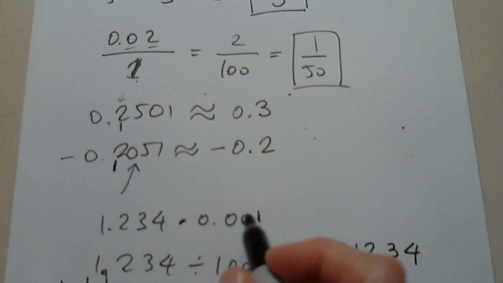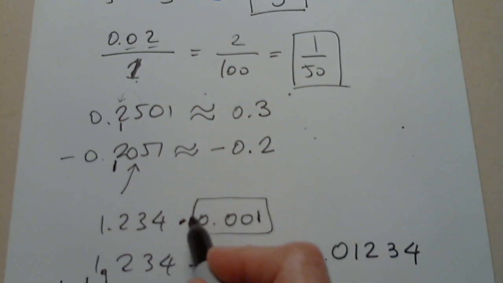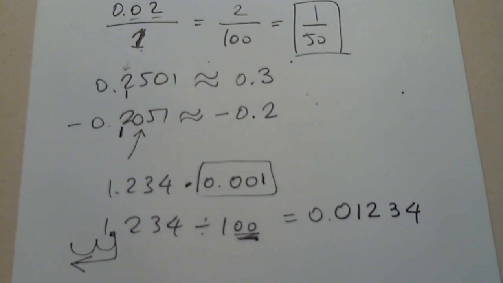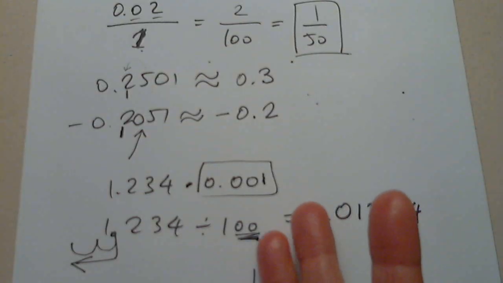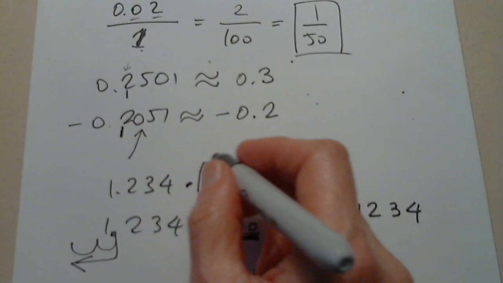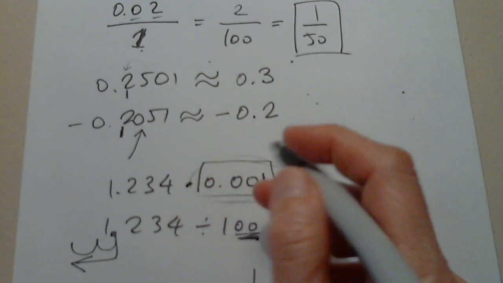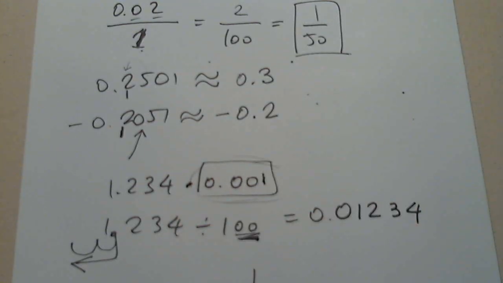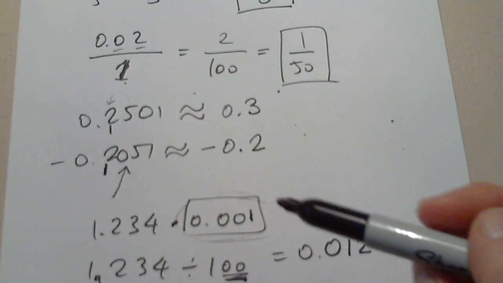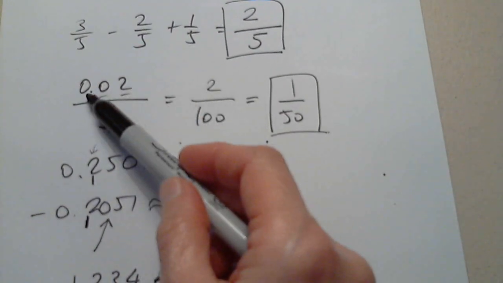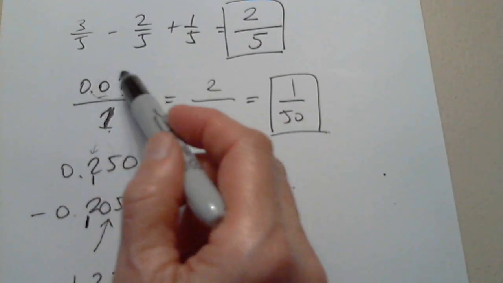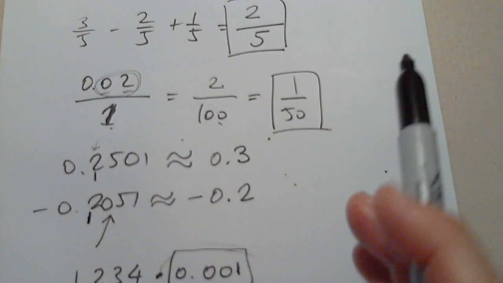Now, when we multiply by this, it's the same thing as division. Remember how we changed this number into a fraction? It's 1 over 1,000. Exactly what we did here. We had 0.02, we had 2 decimal digits, we put 2 over 100.